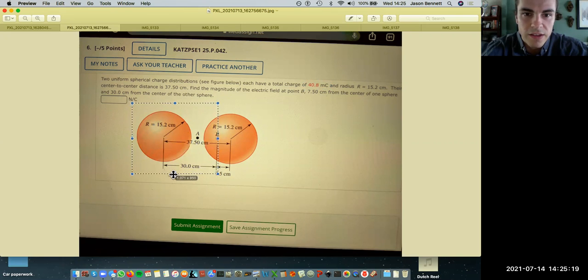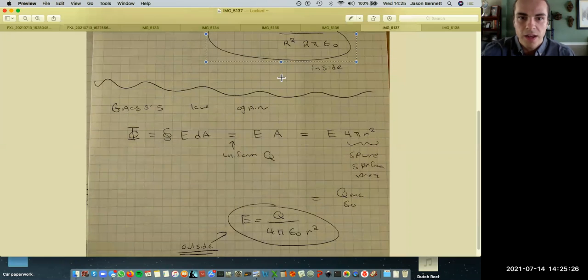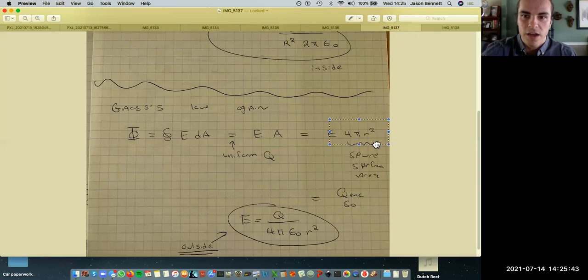So in this case, it's pretty easy. Like we did in the first one where we did outside, we have the same formula. The flux is equal to the surface area integral of the electric field and the area element. It's uniform, so I'm going to do the exact same thing as before. I integrate over dA, so it just becomes A, the surface area of a sphere, which is 4 pi r squared.